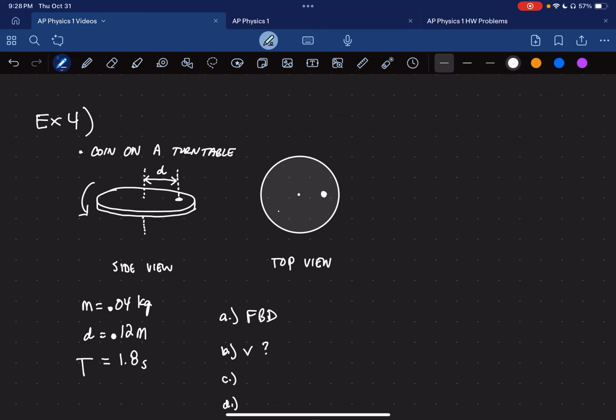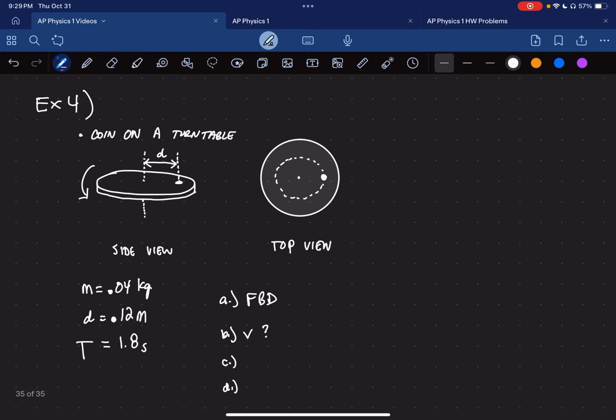And as this coin goes around, we're tracing its path here. It would be a smaller circle within that turntable. The radius of that circular path is, of course, the distance d. And of course it's turning this way.